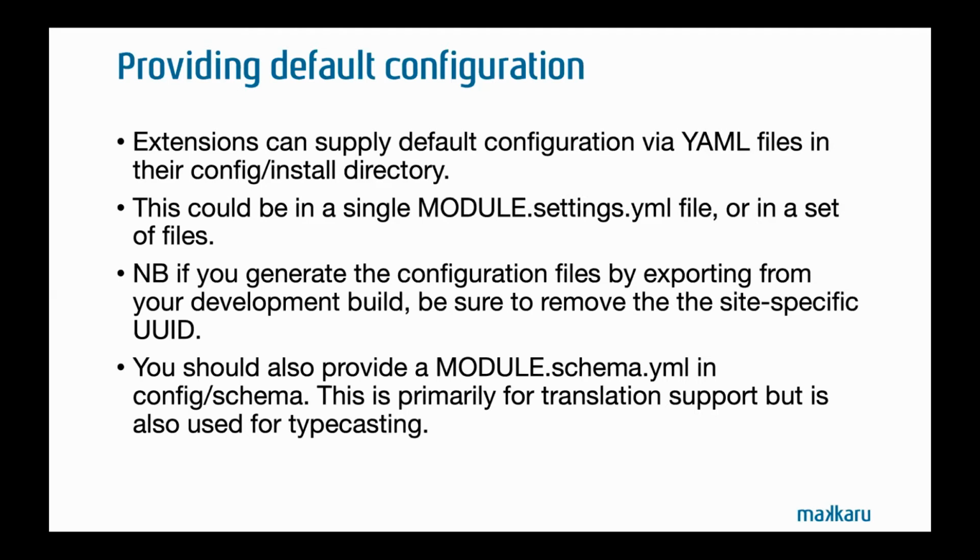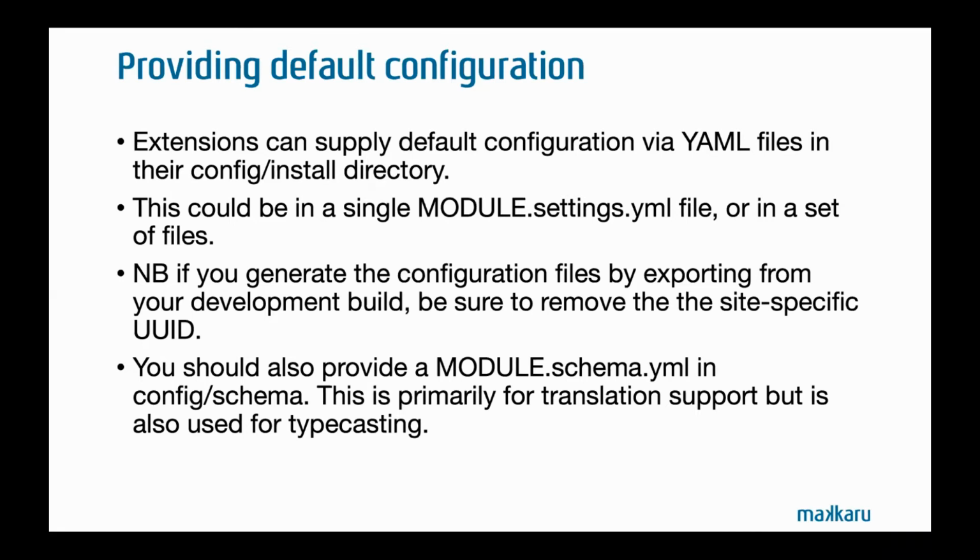remove the site-specific UUID from them. So I mentioned in the summary at the beginning that a set of exported configuration belongs to the site from which it's exported. Not the environment, but the site and its set of environments. That is, of course, on the basis that you haven't installed environments separately.